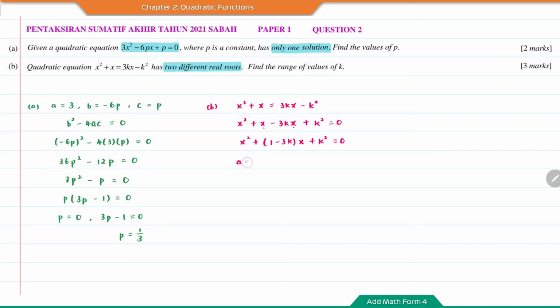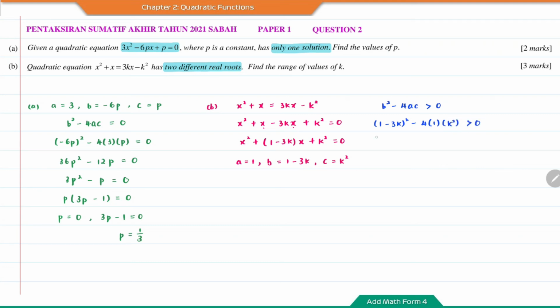From here, a is equal to 1, b is equal to 1 minus 3k, and c is equal to k squared. So the discriminant for question B, b squared minus 4ac, is greater than 0. So bracket 1 minus 3k squared minus 4, where a is 1 and c is k squared.